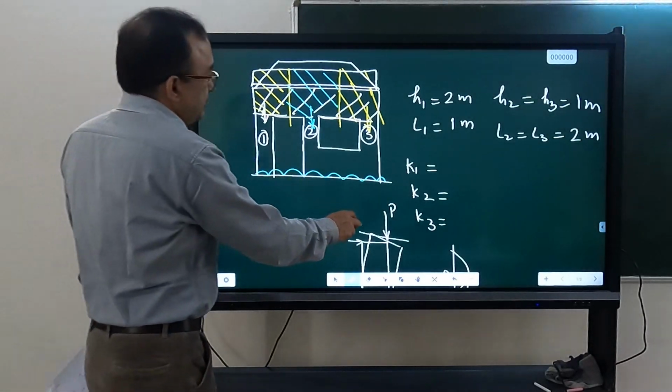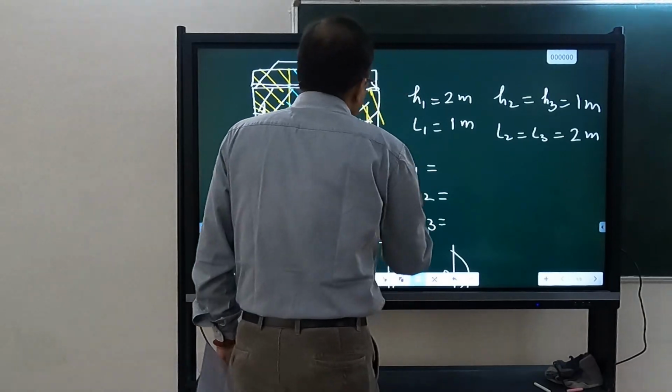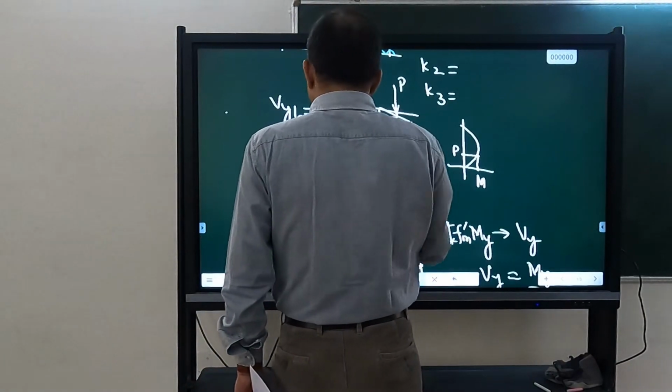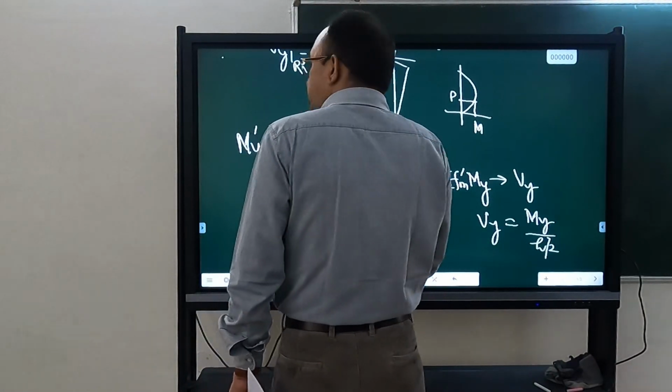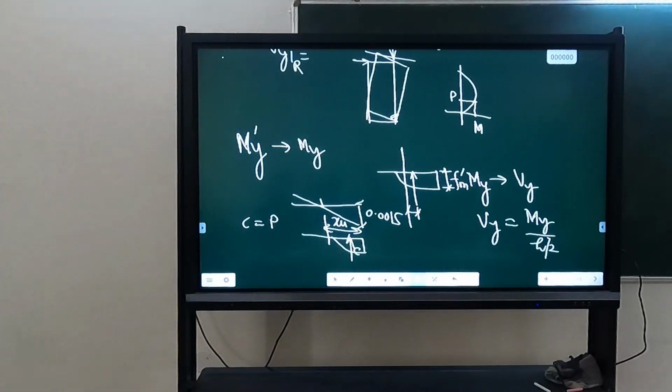With that axial force, you can calculate the moment capacity m by dash, as I explained to you. From m by dash you will get m, then you can calculate Qy in flexure. Okay, Qy in sliding shear, how will you calculate Qy slide?